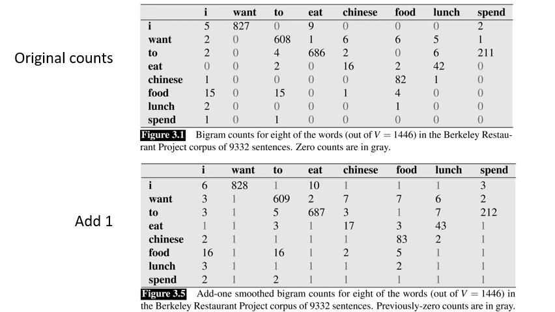What is exactly the problem with a word that we see in the test set but have never seen before in the train set? If you think about it, you want to compute the joint probability of the sentences in the test set. However, if there's a word in the test set, let's say aardvark, that you've never seen before, the probability of aardvark given I or given want will be 0.